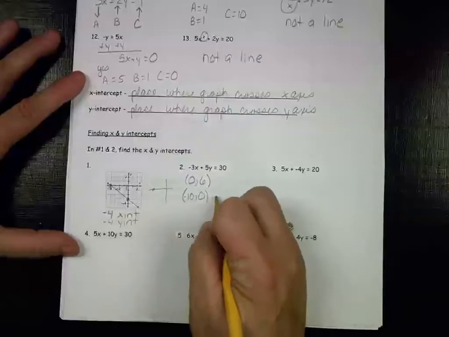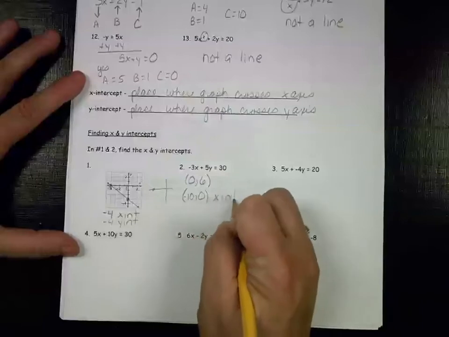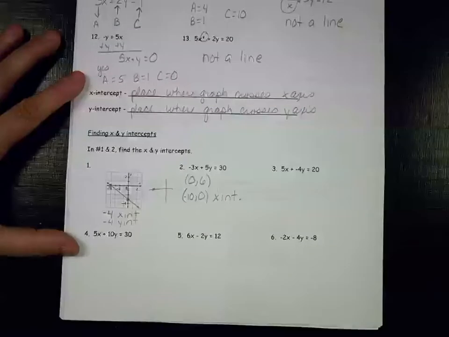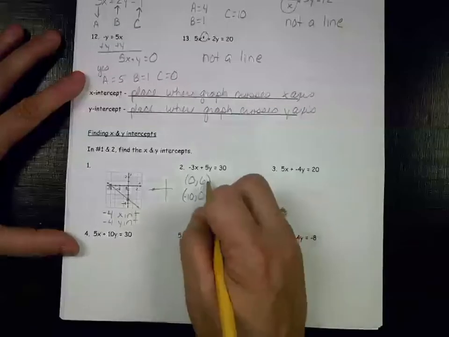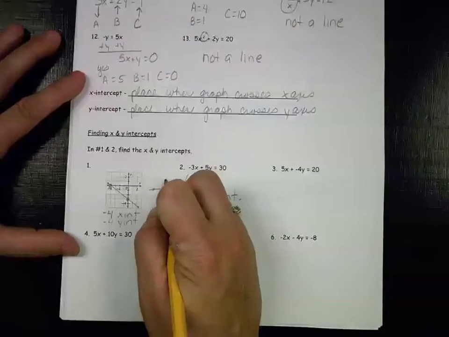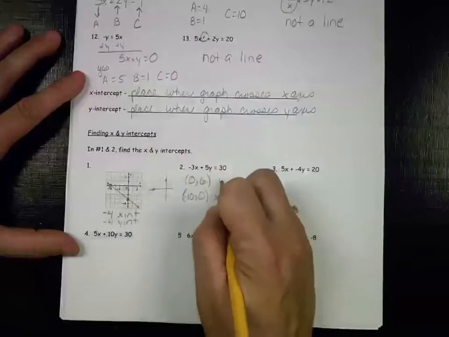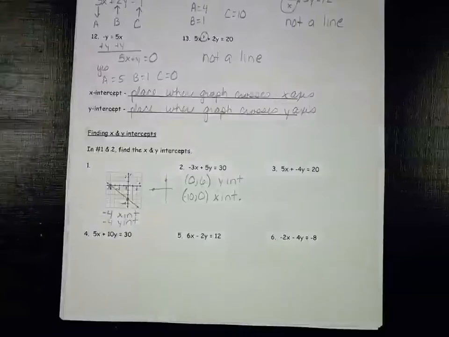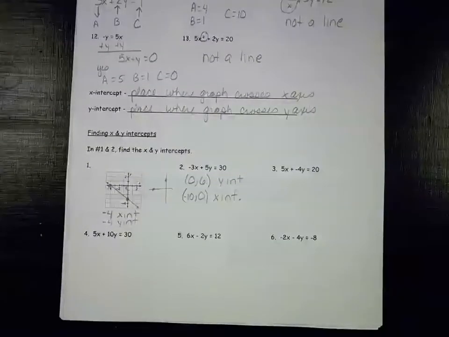That is where the line crosses your x-axis. So if a number is in the x spot, it's the x-intercept. And right here, (0, 6) would be up there. When the number's in the y spot, that is your y-intercept.